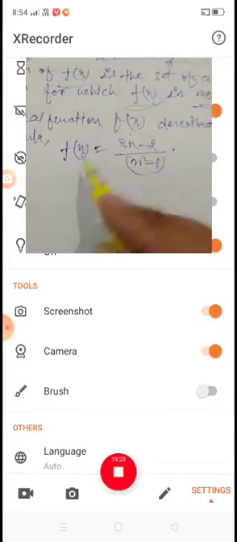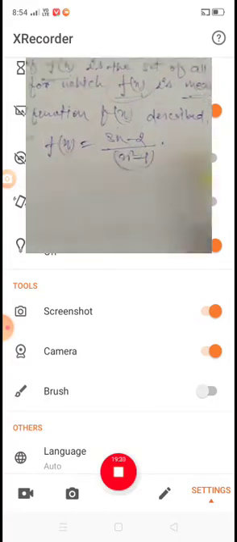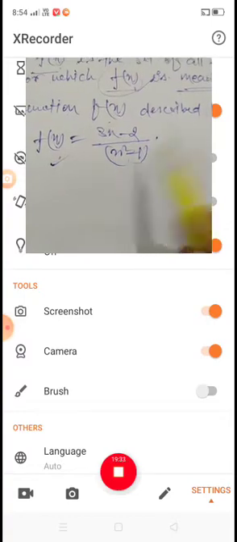Okay, a real function f of x described by the general formula f of x is equal to 3x minus 2 upon x square minus 1.